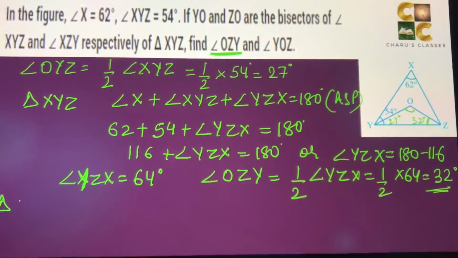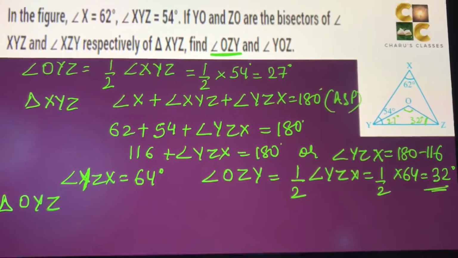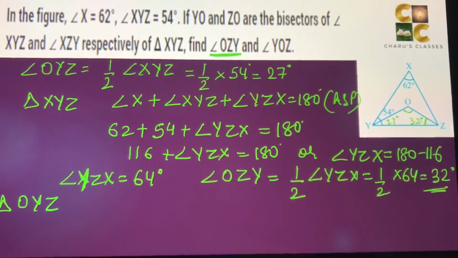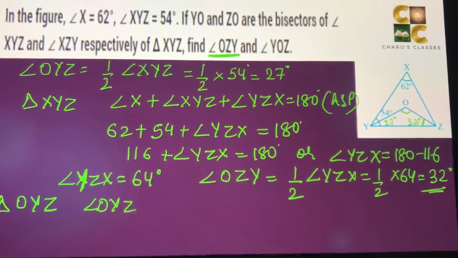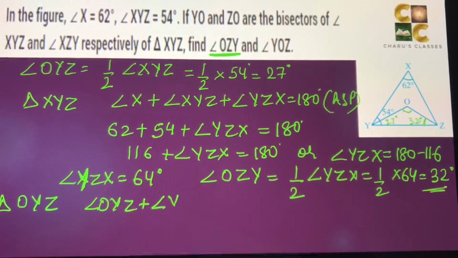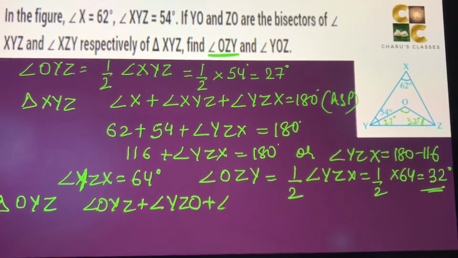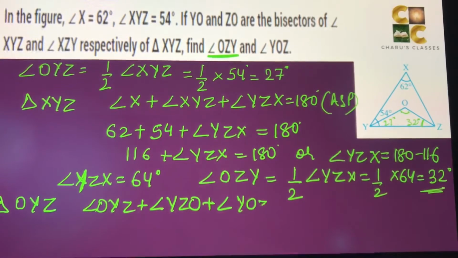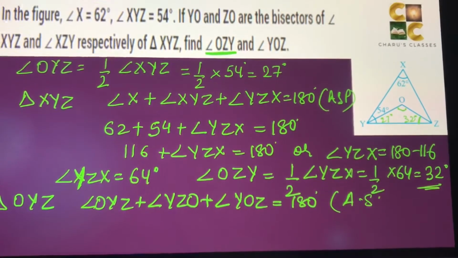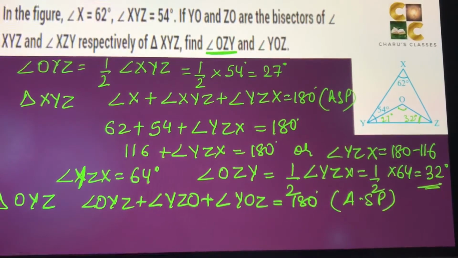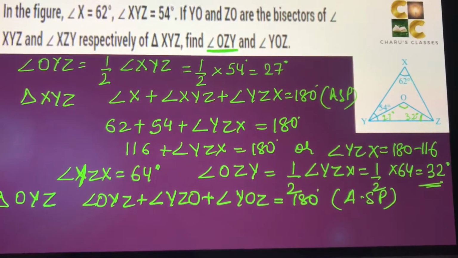Now we'll talk of triangle OYZ. In this triangle, the sum of all angles is 180 degrees. So angle OYZ plus angle YZO plus angle YOZ is 180 degrees. Reason being angle sum property of a triangle, that is sum of angles is 180 degrees in a triangle.